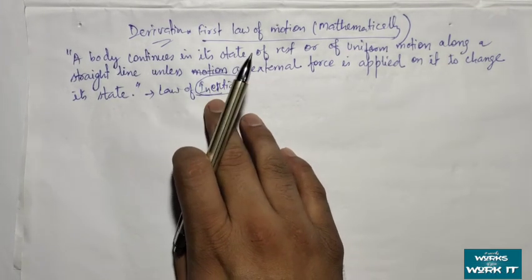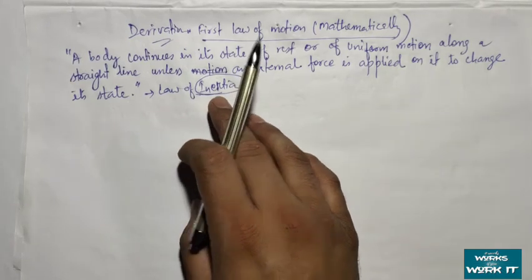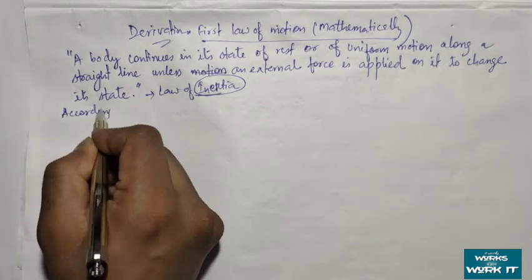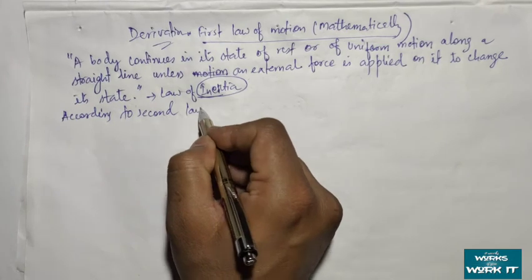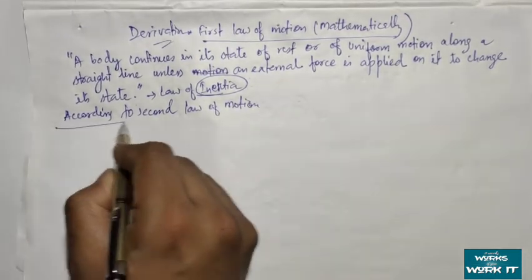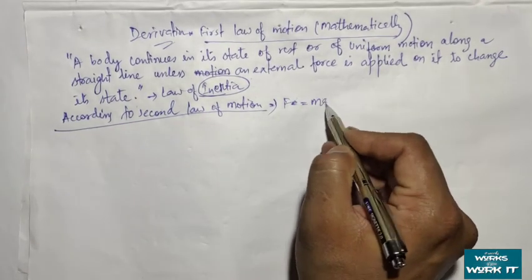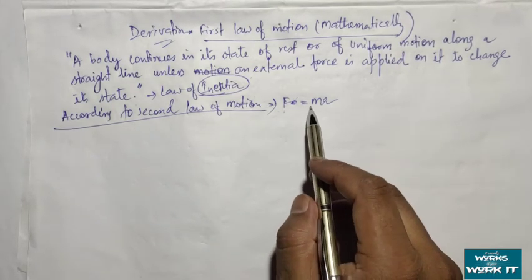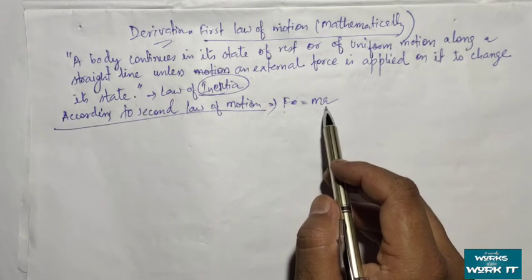For the derivation we need the second law of motion in the beginning. According to the second law of motion, the mathematical expression we just derived is F is equal to ma, where F is the applied force, m is the mass of the object, and a is the acceleration.